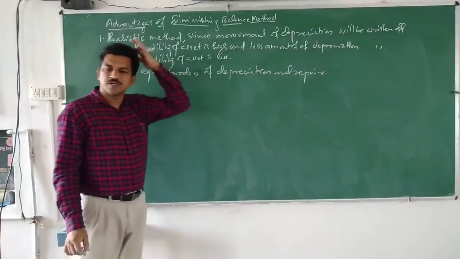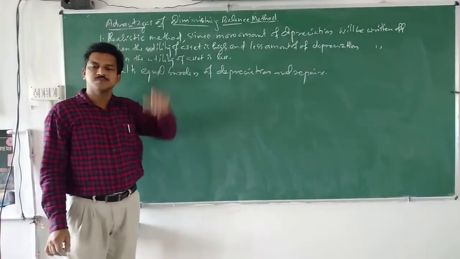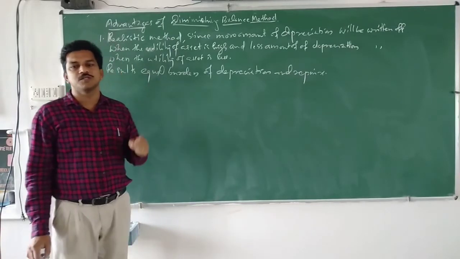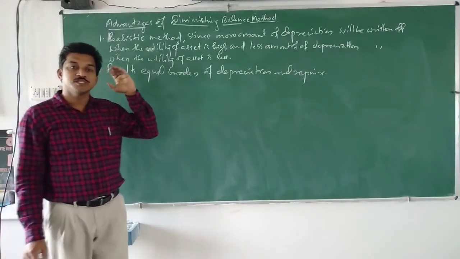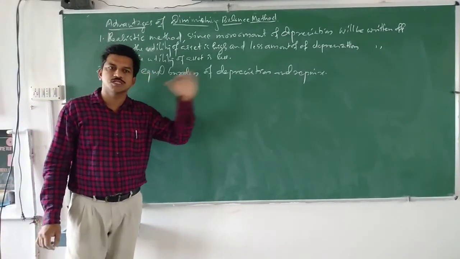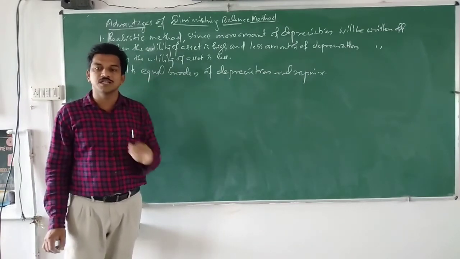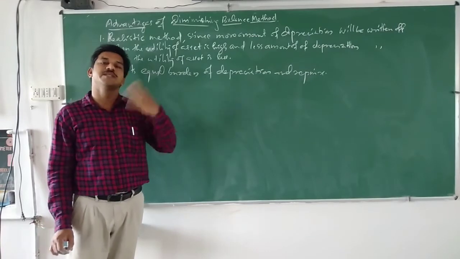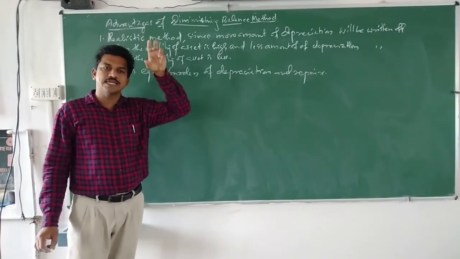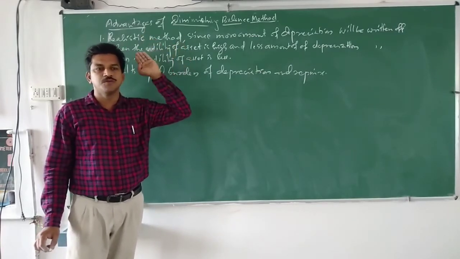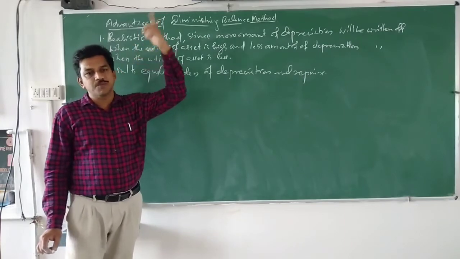This point we explained in the last method, the fixed installment method. There we said that since an equal amount of depreciation is written off, and year after year the repair charge for the machine may increase, that will create an unequal amount of depreciation and repair in the profit and loss account.